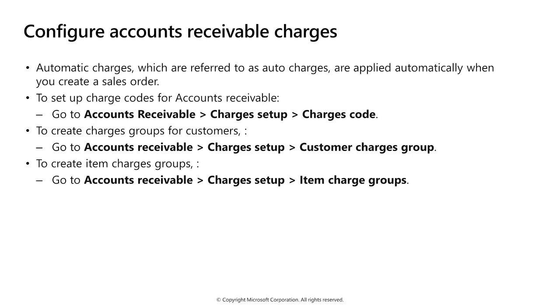Here's a quick walkthrough of setting up the customer charge code and use it in the sales order processing. We can define auto charge for customer, specific customer, or a group of customer, or all customer. Item, specific item, or group of item, or all items, or based on the mode of delivery of the orders.